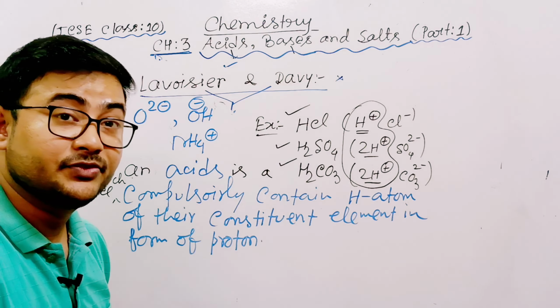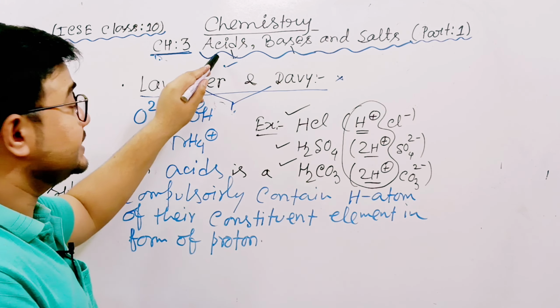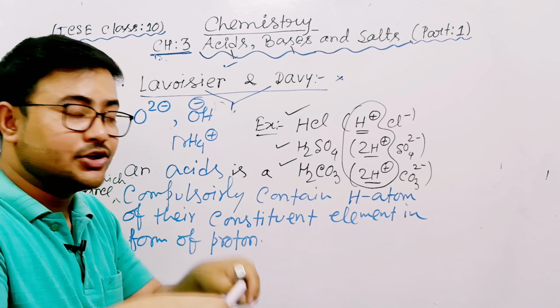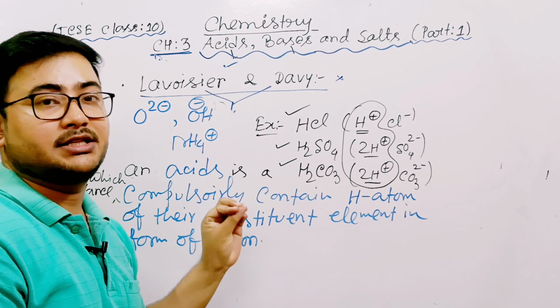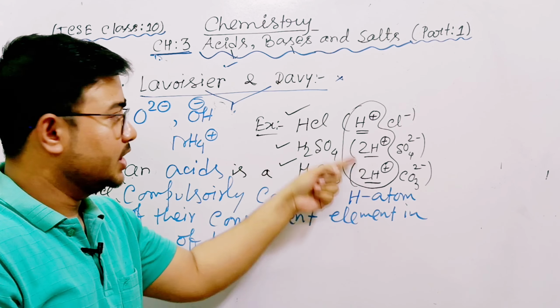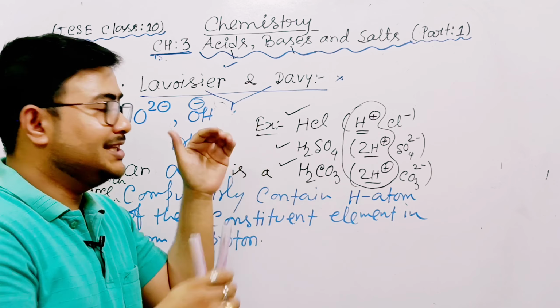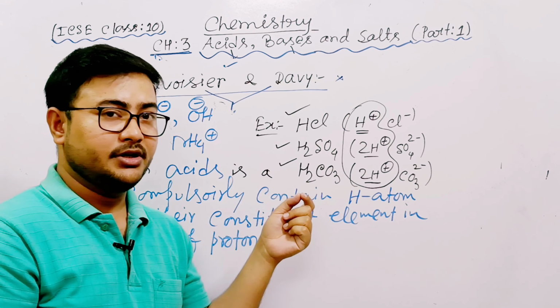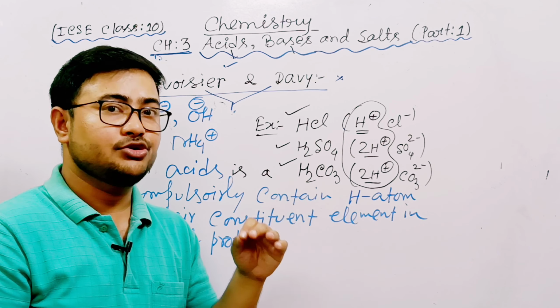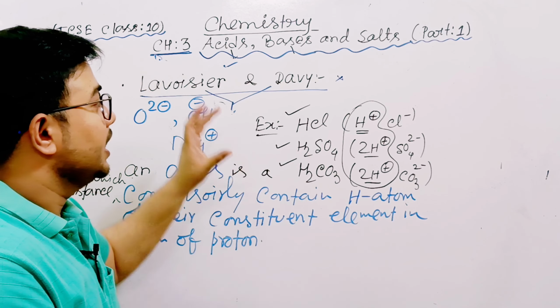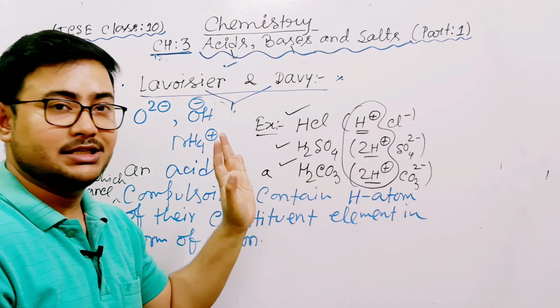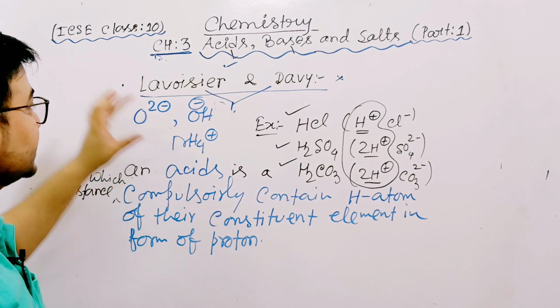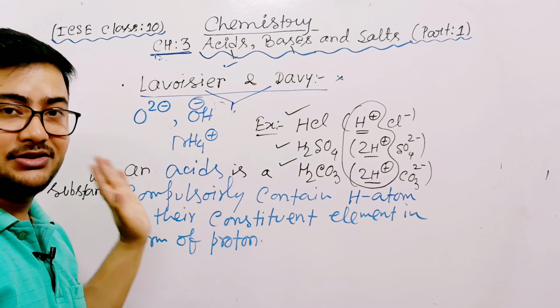So see, this is the concept. Acid, according to them, in definition of the acid, only H plus ion. Number is not important, 1, 2 or 3. In the definition, number is not important. Obviously number is important when we will discuss about the strength, but not right now. Acid means only H plus, but what is base? Base contains any of these three.